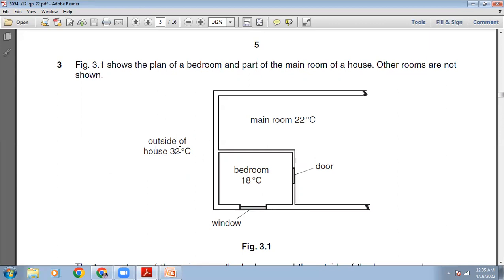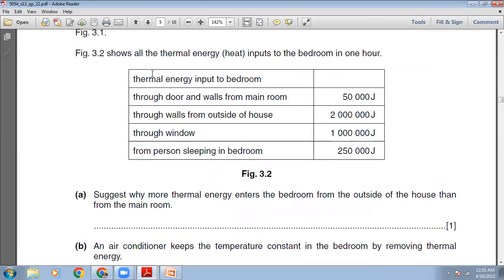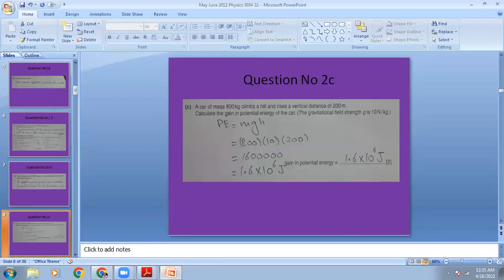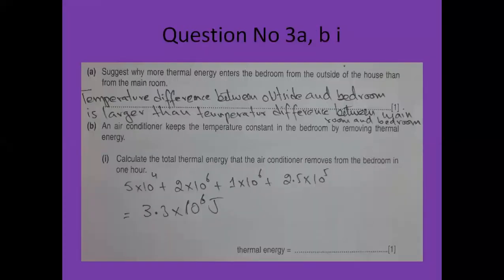So where the temperature gradient is larger, more heat will be transferred. Temperature difference between outside and bedroom is larger than the temperature difference between main room and the bedroom.